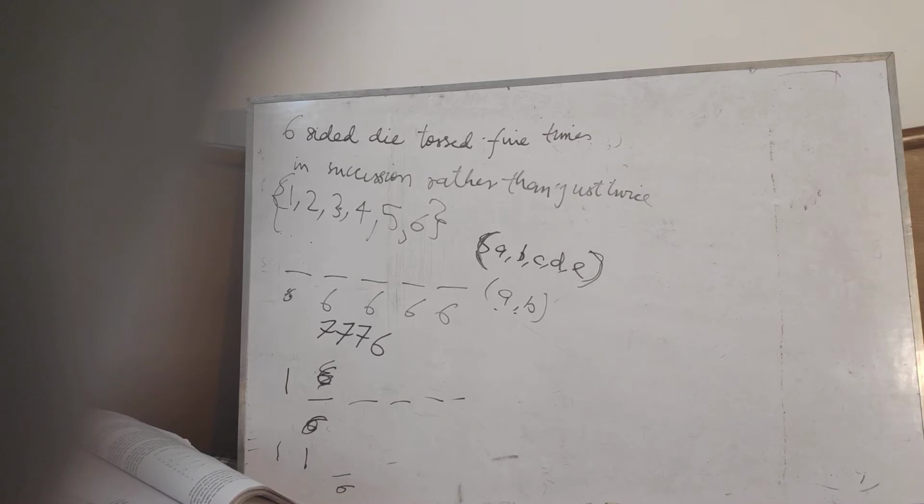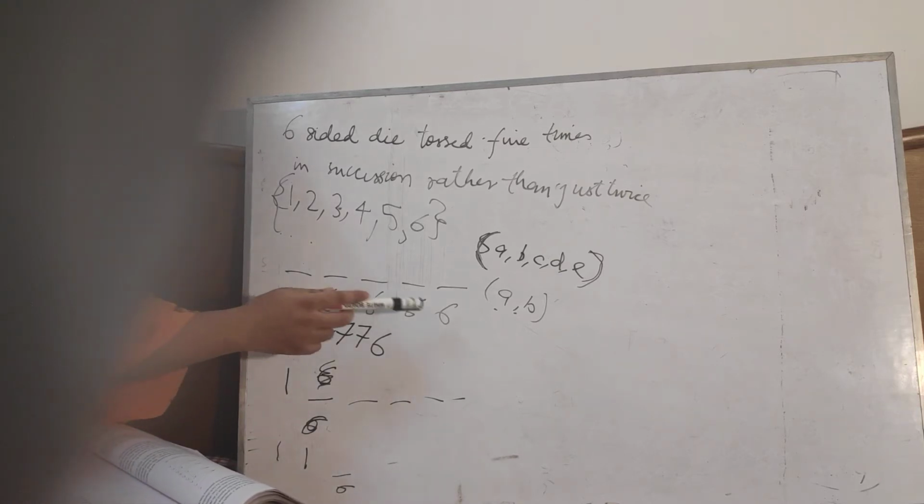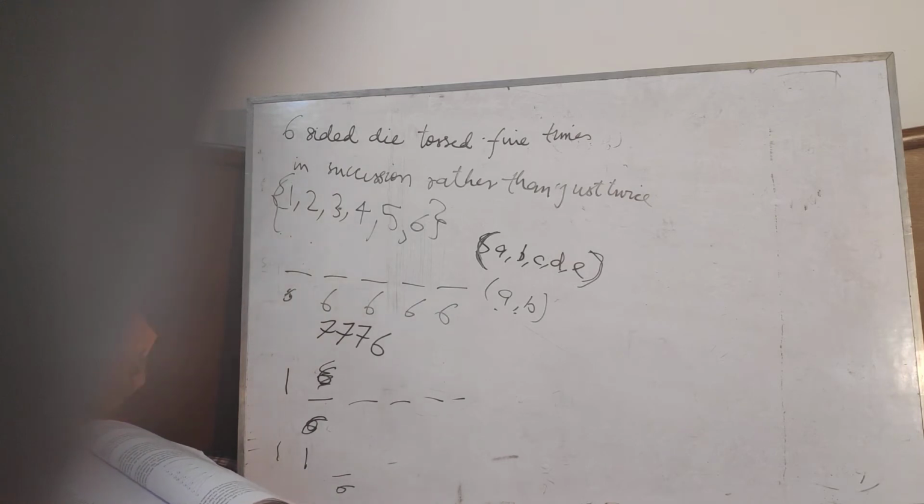So how do you get the total number of outcomes? You multiply all the outcomes: 6 into 6 into 6 into 6 into 6.